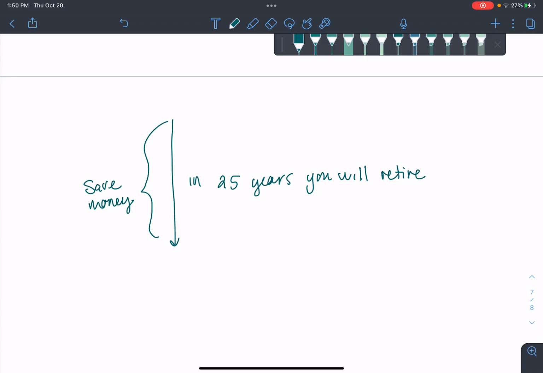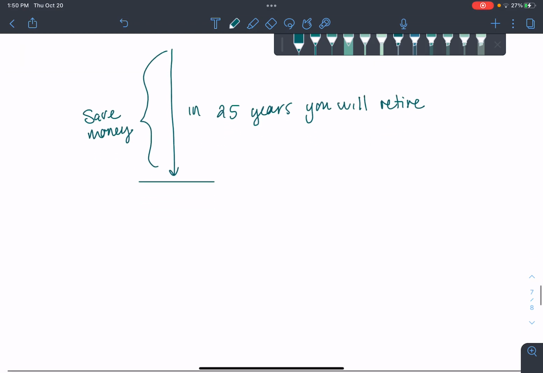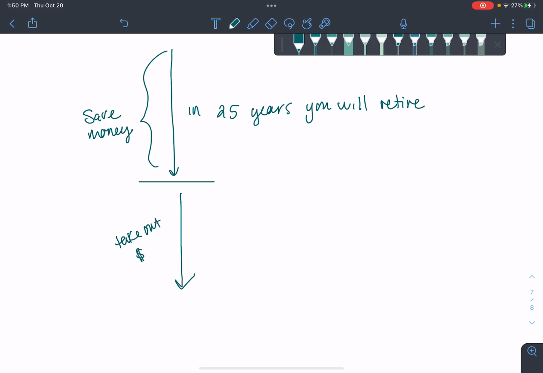And then what happens after you hit that retirement? What happens on the day that you retire? Then we start to take out money. The part of the problem that we need to think about is you want to withdraw $40,000 each year for 15 years.